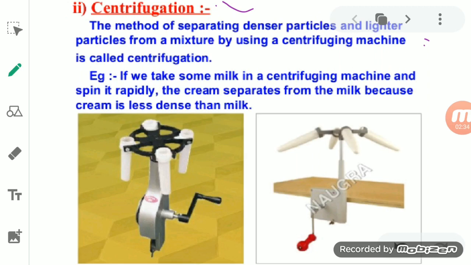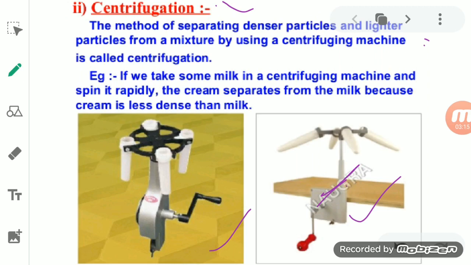Now, how is centrifugation done? The mixture of liquid and solid is rotated at a high speed in a centrifuge. When we rotate it at a high speed, the solid and liquid components separate from each other. This is done by using a machine known as a centrifuge.